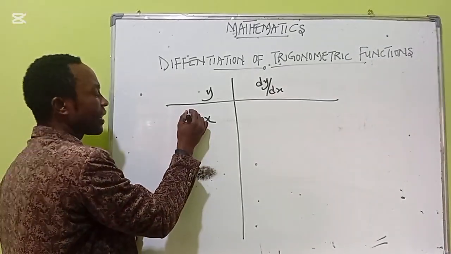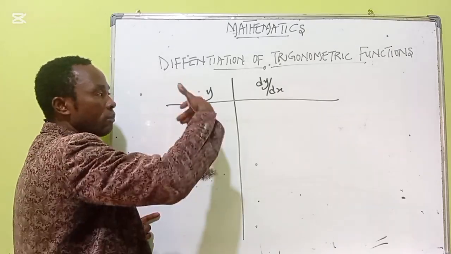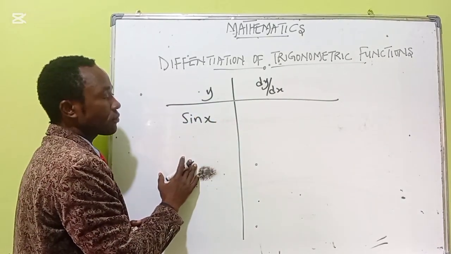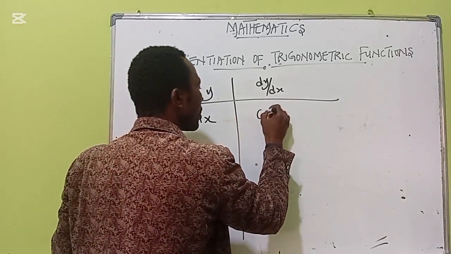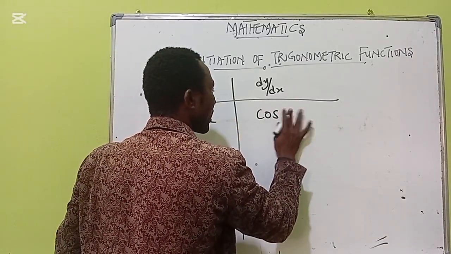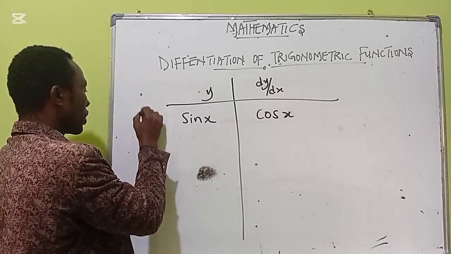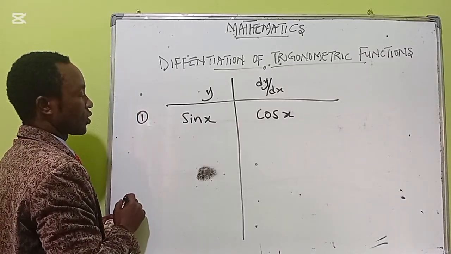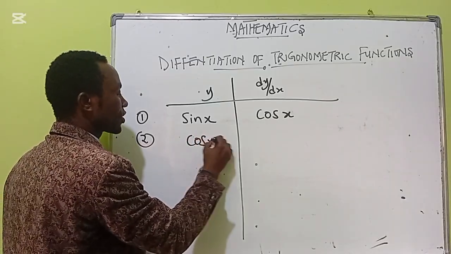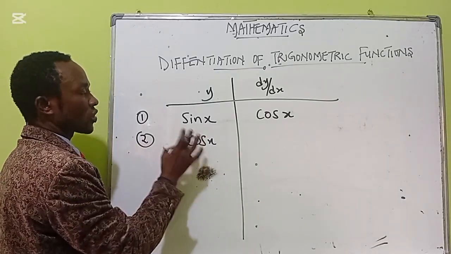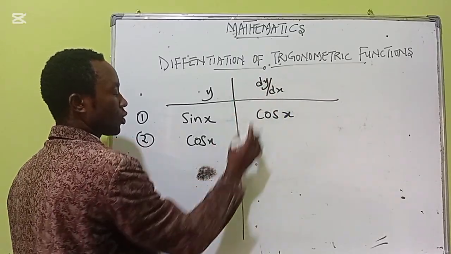If y is sine x, when I differentiate sine x, what will be the answer? The answer will be cos x. So anytime we differentiate sine x, we'll get cos x. Number 2, if y is cos x, when I differentiate cos x, what will be the answer for the differentiation, that is dy dx?